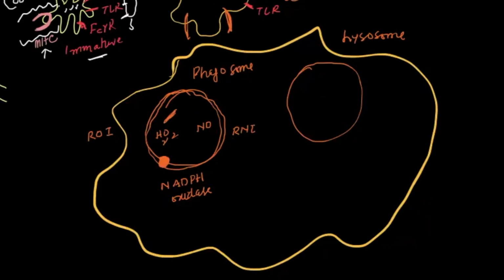When they are produced, I will now draw another receptor on the macrophage. It is called the interferon gamma receptor. I told you that the T cells can activate. So there are two phases of activation.